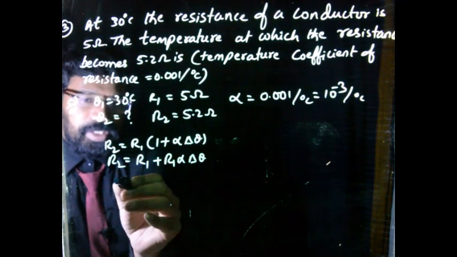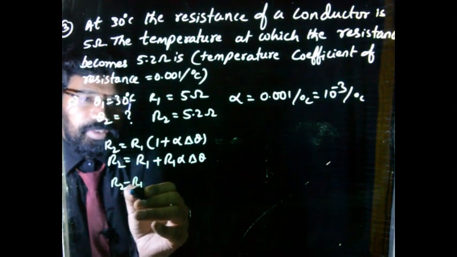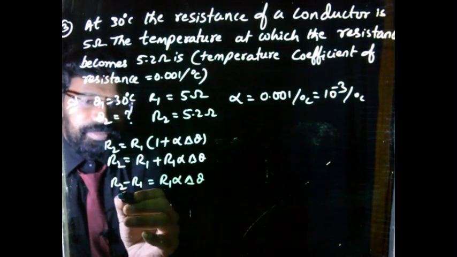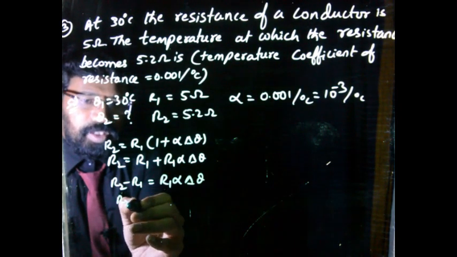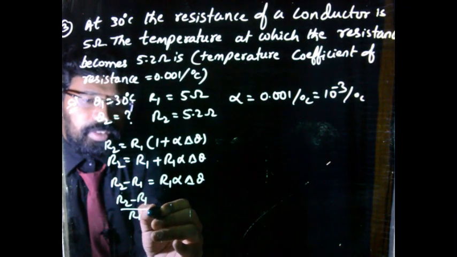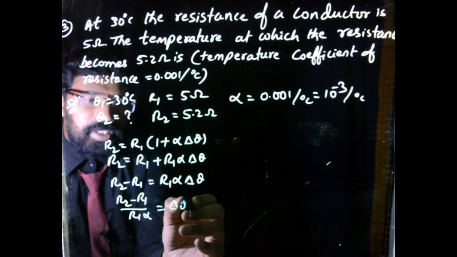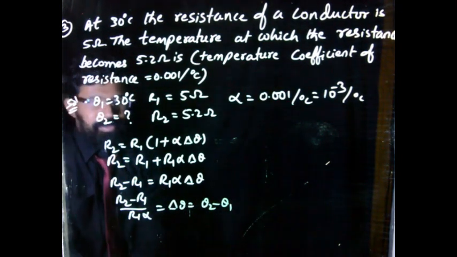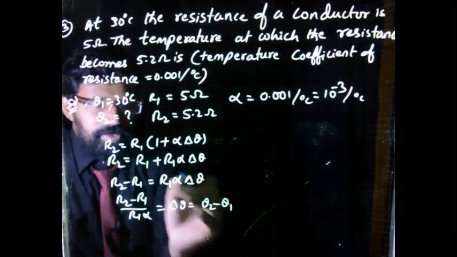Therefore R2 minus R1 is equal to R1 alpha delta theta. R2 minus R1 by R1 into alpha is equal to delta theta. This delta theta can be written as theta 2 minus theta 1. Already theta 1 is given, we have to find out theta 2.